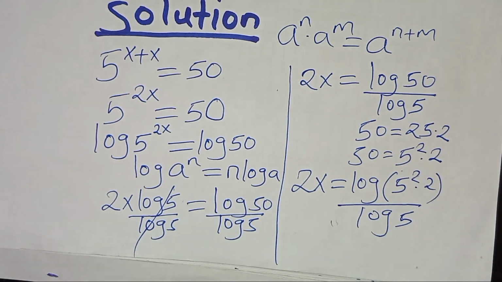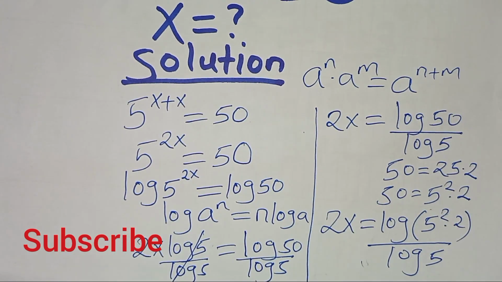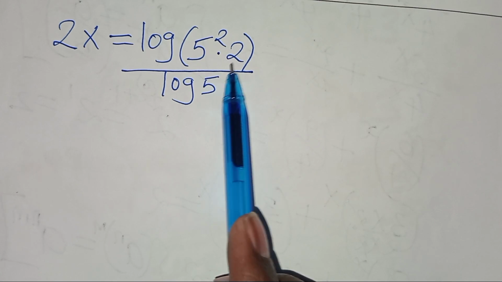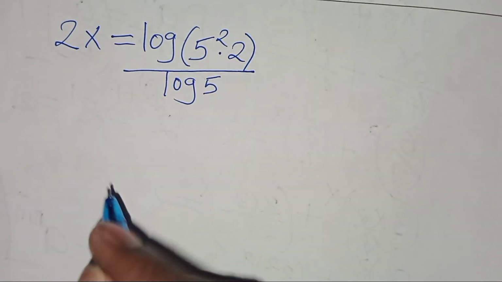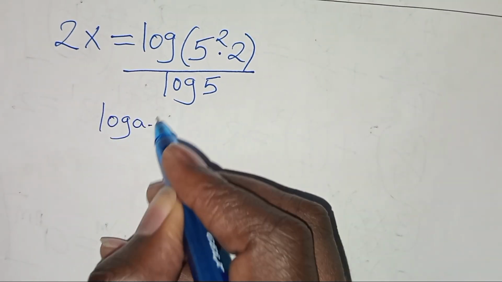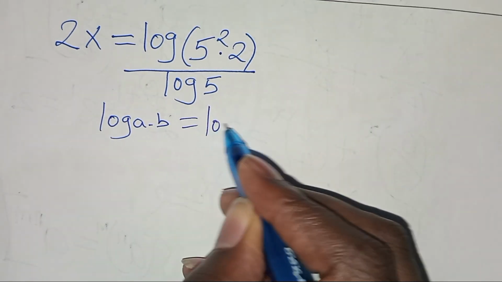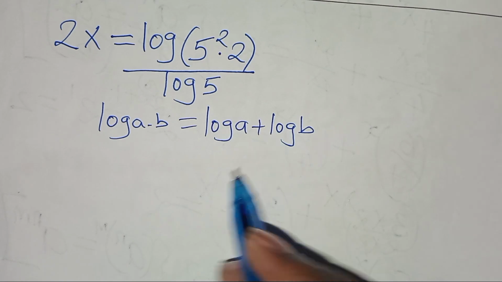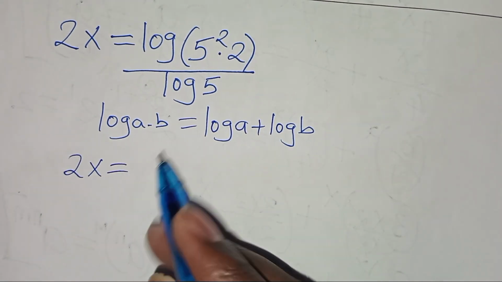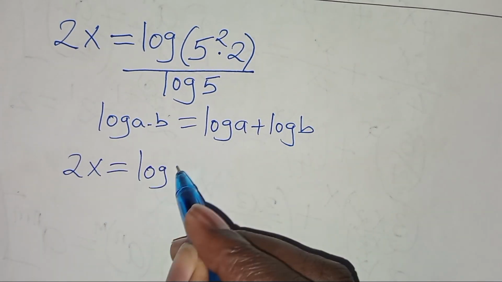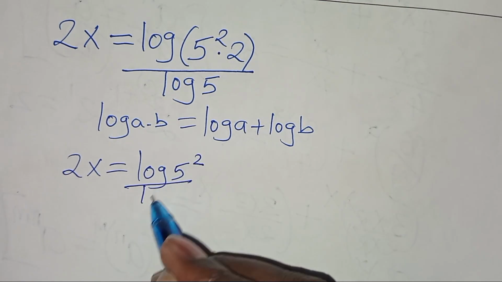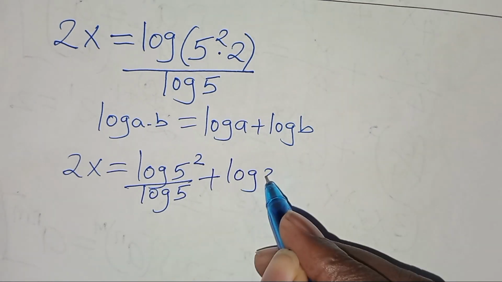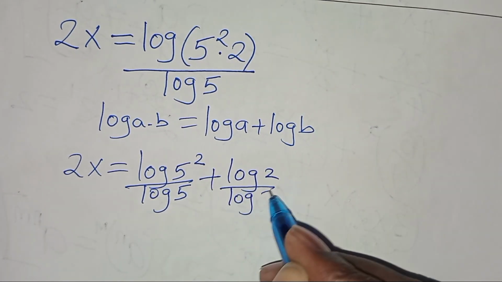Okay, so let's proceed from here. Now we have 2x equal to log of 5 to the power 2 times 2. And this is actually in the form of log a multiplied by b, which you can express as log a plus log b. So applying this property, we'll have 2x equal to log 5 to the power 2 divided by log 5 plus log 2 divided by log 5.